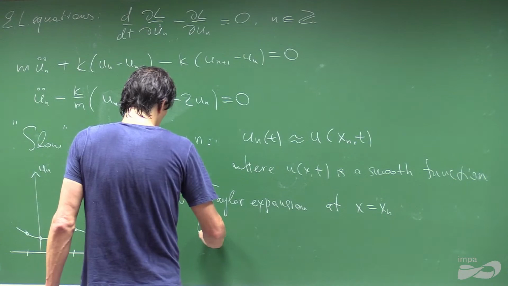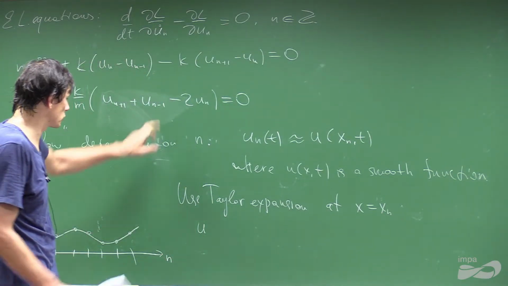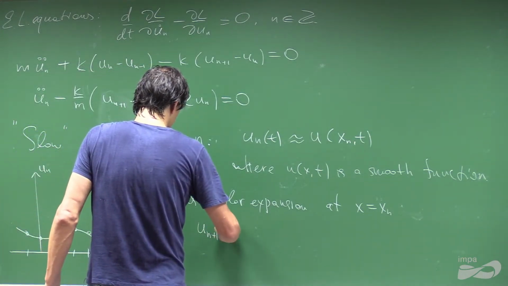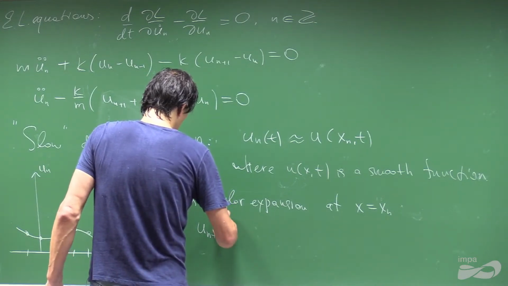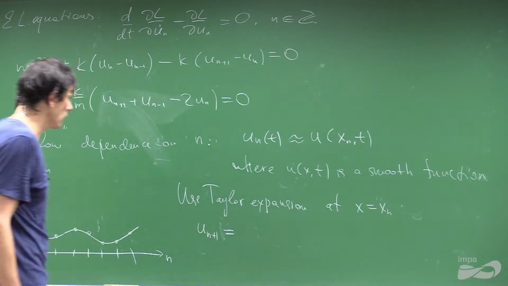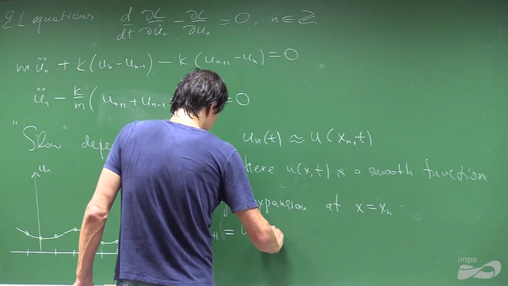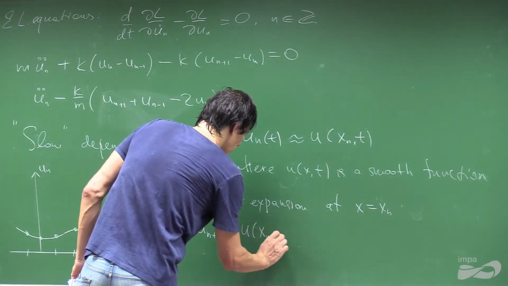Essentially, what we need to find is un plus 1, un plus 2. So un plus 1, let's not write the time. So un plus 1, which is u at position xn plus 1 and t. Okay, I'll keep t.